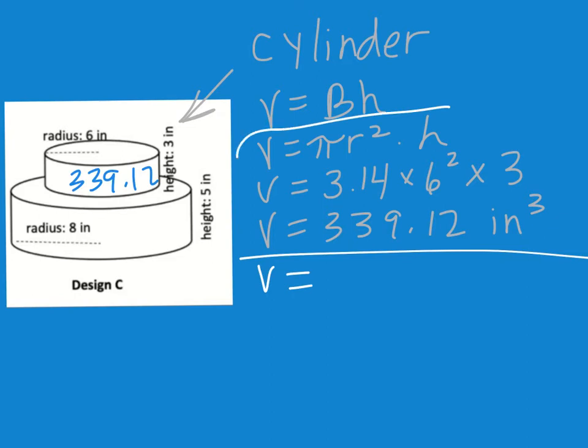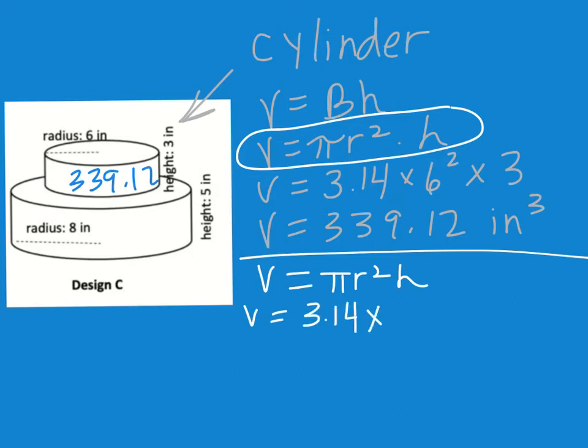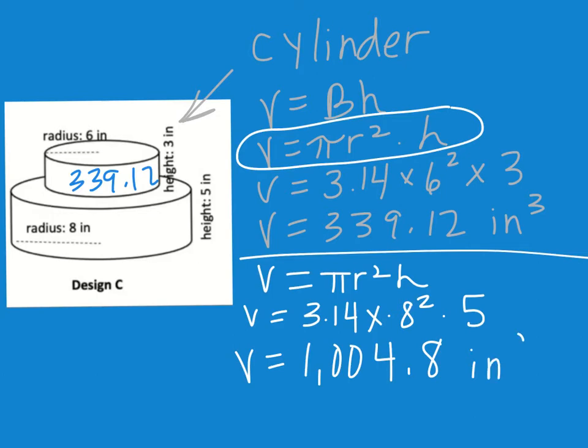All right, then we do the same formula, and we find the volume of the bottom piece. Okay, so I'm going to look at this formula right here. Pi r squared h. Okay, so 3.14 times 8 squared times a height of 5. Okay, so that's a total of 1,004.8 inches cubed.